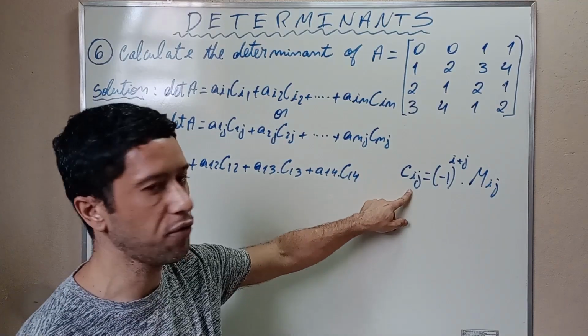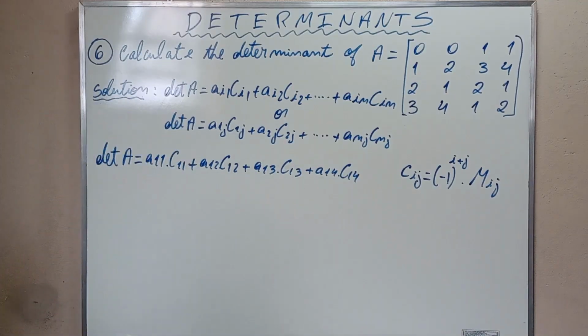And this is the cofactor, and Mij is the determinant of the matrix resulting from the removal of row i and column j from the original matrix. Okay, my friends?